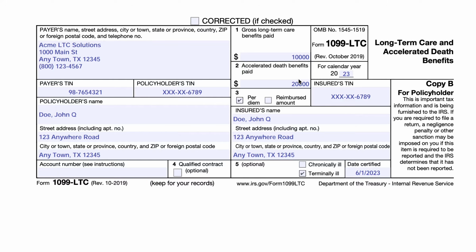Accelerated death benefits are any amounts that are paid under a life insurance contract for an insured individual who is terminally or chronically ill. A chronically ill individual, by IRS definition, is someone who has been certified on an annual basis by a licensed healthcare practitioner as one of the following. A, being unable to perform without substantial assistance from another person at least 2 of the basic daily living activities for at least 90 days due to a loss of functional capacity.